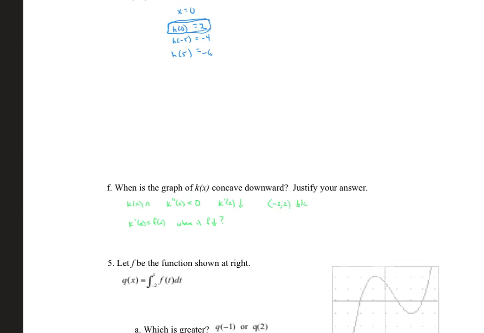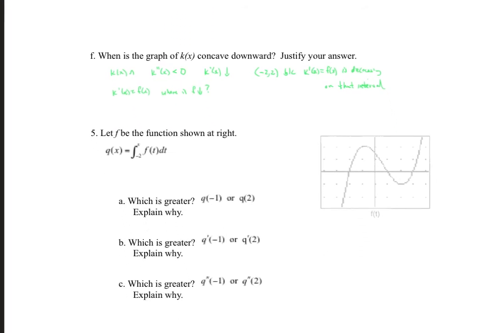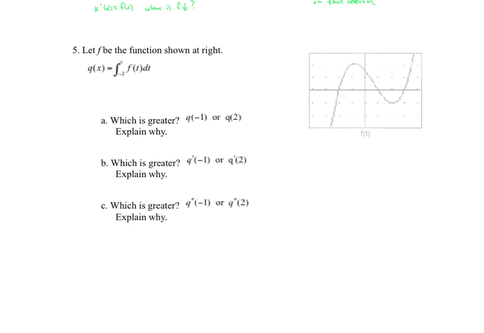Our justification is because k prime of x, which equals f of x, is decreasing on that interval. Okay? All right.